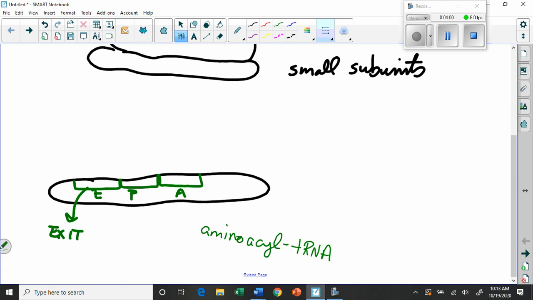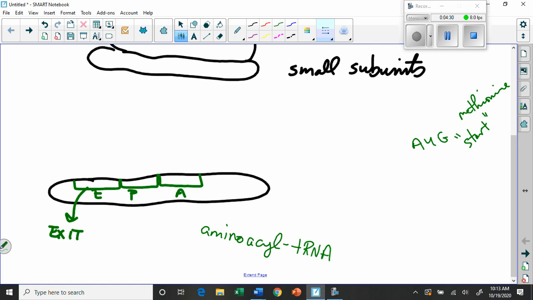The P site is usually where we see the attachment of the starter codon, which technically is methionine, the amino acid that stands for start. If you go back to your book on the chart, you'll see that AUG codes for methionine, and that is the start codon.